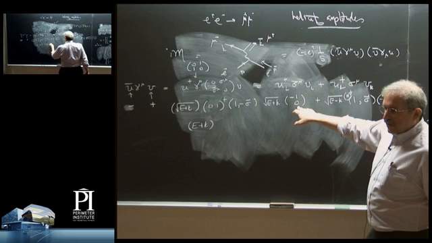The x component is 1. The y component is, this matrix for the y component has a minus i down here. So it's 1. Did I get that right? 1, yeah, i. And then the third component, it's diagonal, and this is off diagonal, so this is 0.